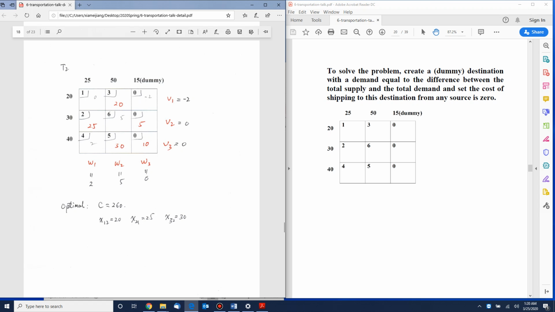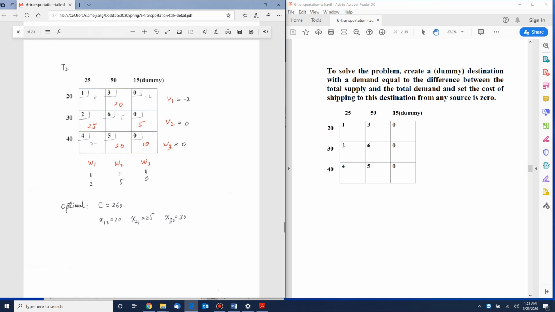So we can work this out whenever the supply does not meet the demand: you just set up a dummy for the one that is short. In this example, the total supply is 15 more than the total demand, so we set up a dummy destination.